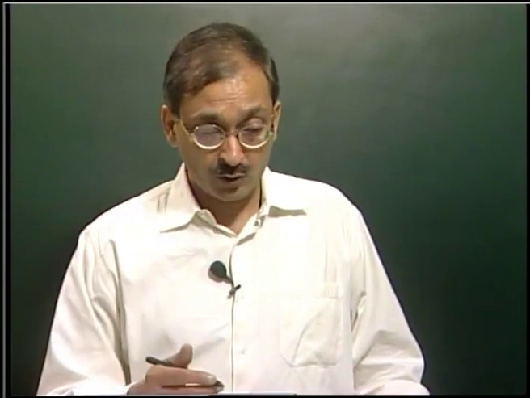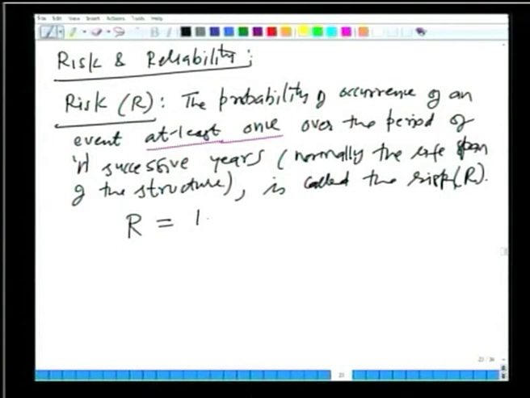and we know how we can determine it, right. So, if we write the expression for R, it is nothing but 1 minus q to the power n. q is the non-occurrence and n is the lifespan or the number of trials or the number of years. What is q? Well, it is 1 minus p, as we have seen, because there are only two possible outcomes, whether the flood occurs or it does not occur.